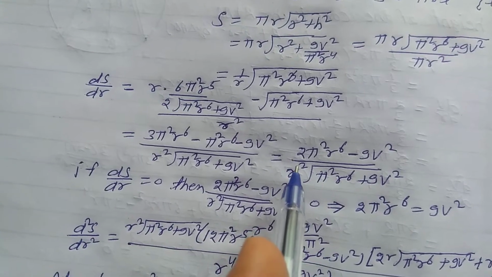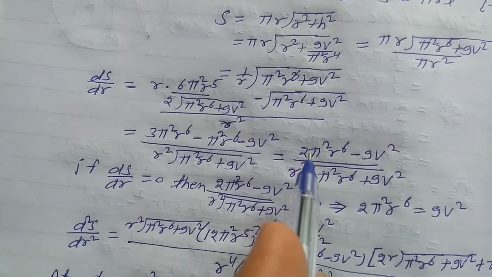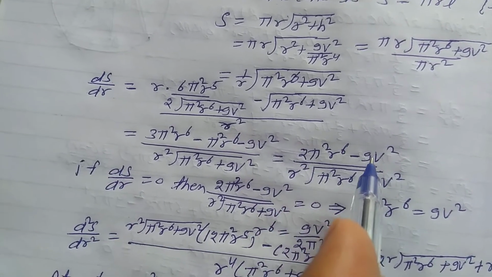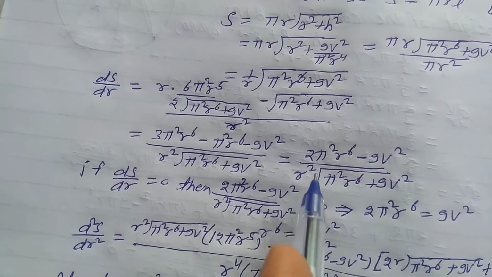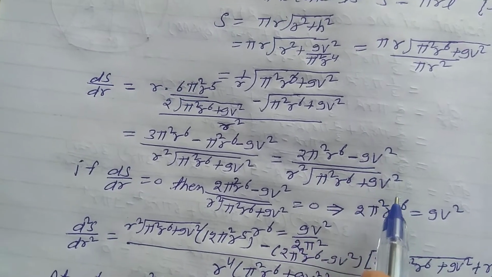Combining these terms, the remaining is 2 pi square r power of 6 minus 9V square upon r square root of pi square r power of 6 plus 9V square.